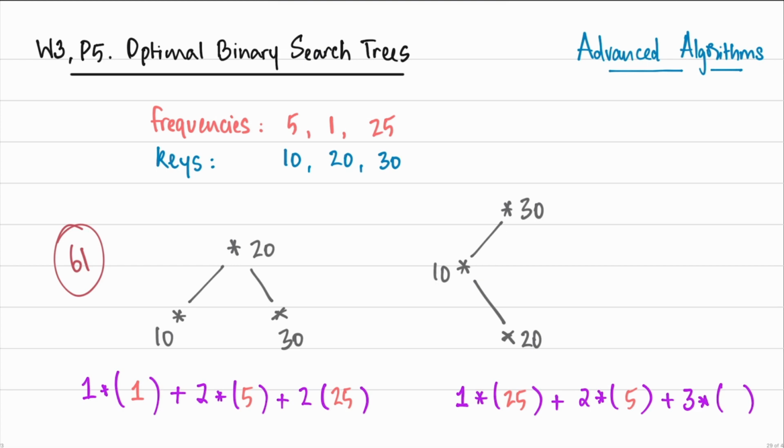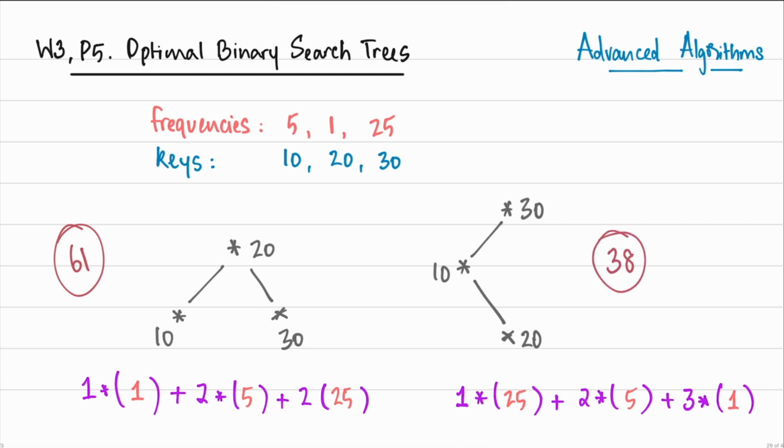However, here we do experience a cost of 3, but fortunately the weight associated with this access cost is just 1 because the frequency of 20 is just 1. So what does this add up to? Well, this adds up to 25 plus 10 plus 3. So that's 25 plus 13, which is 38.